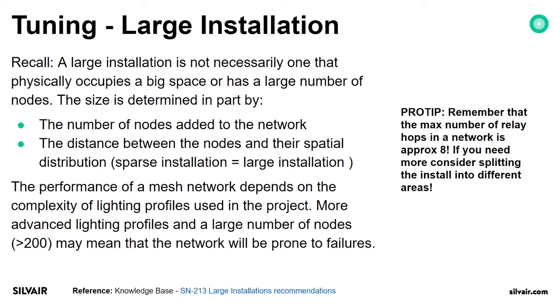So just to repeat, the maximum number of relay hops in a network is 8. For example, if you would like to control 8 zones in the area by one, let's say, master switch, and you try to use zone linking, then you need to figure out how to split the zone, how to split the area, so that you can control more zones.